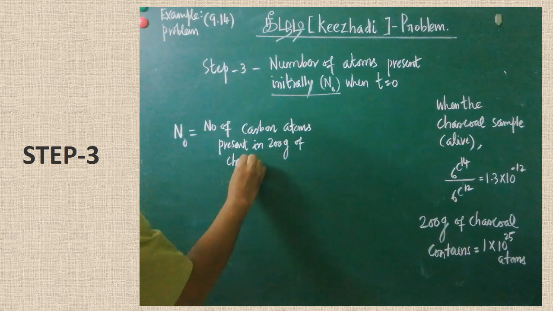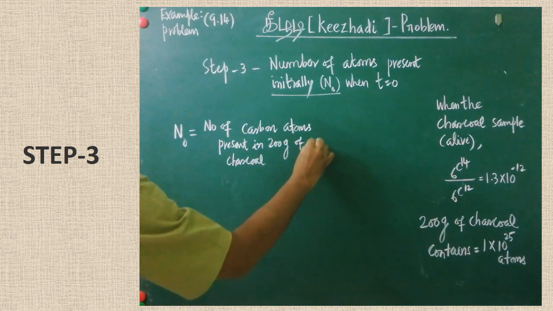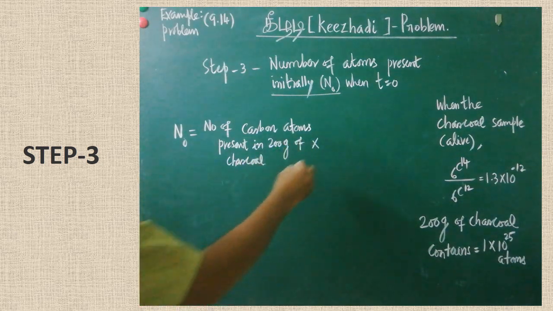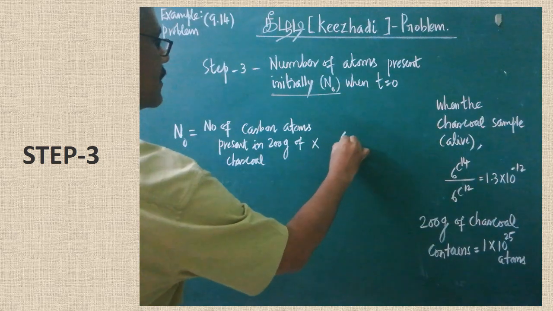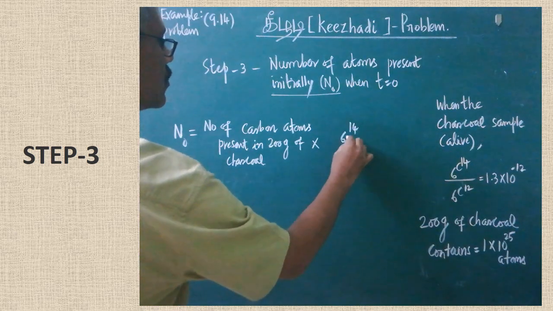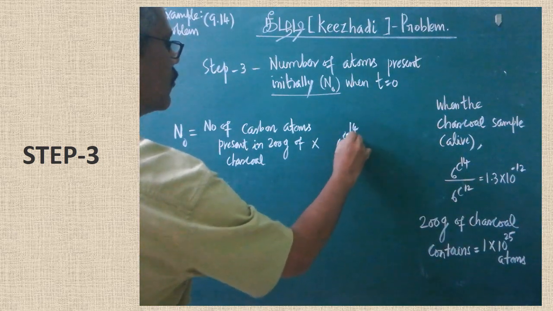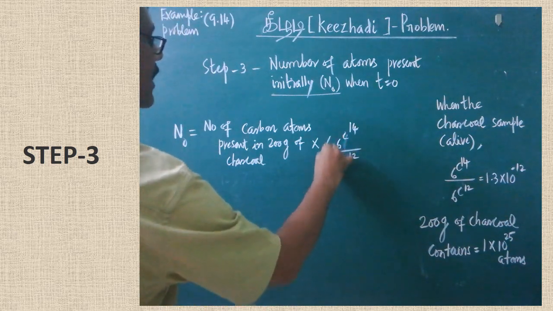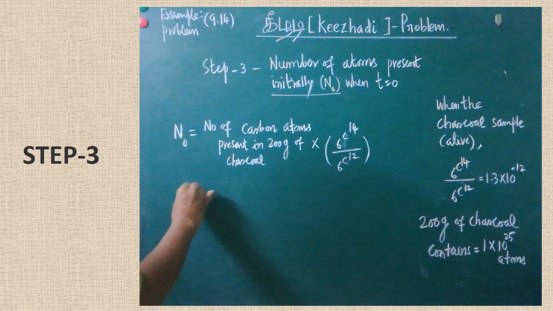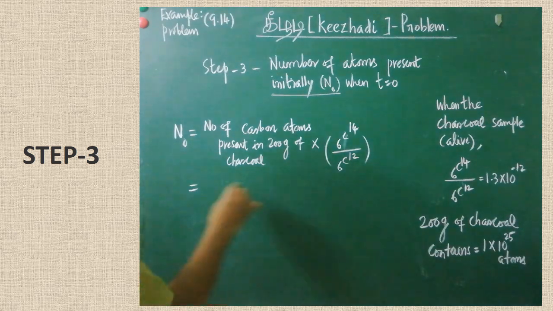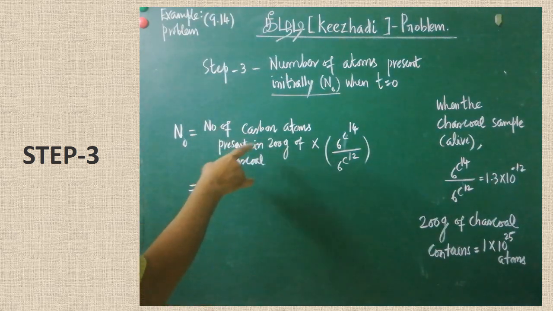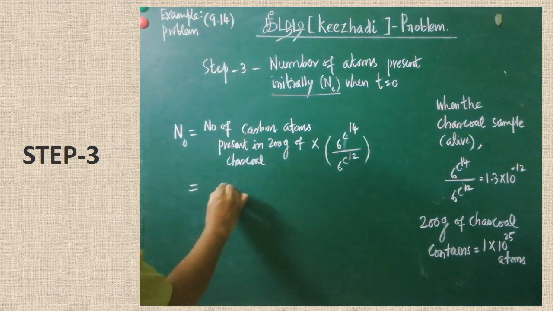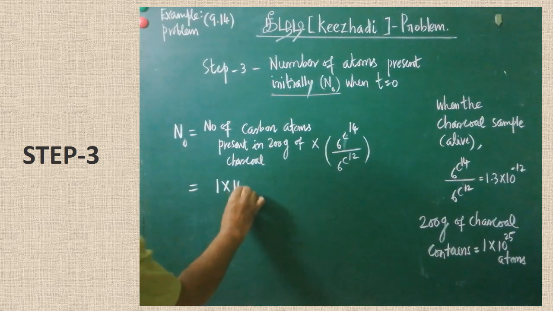charcoal, into the ratio of 6C14 to 6C12. That ratio must be taken. Substitute both. The number of carbon atoms present in 200 grams is 1 into 10 to the power of 25.